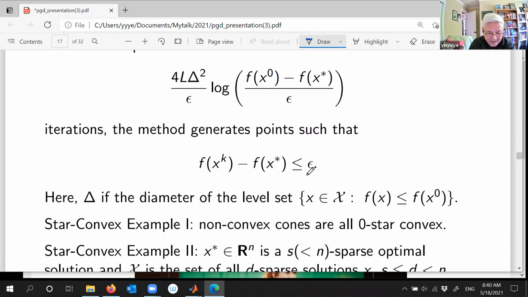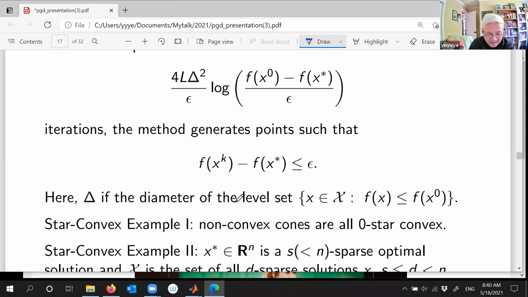This is a little bit of a surprise to us, because all the previous results, even for the convex case, have epsilon squared, which I talked about. In this particular case, what's the delta? It's basically the diameter of the level set. You start at a point x_0, because you generate points always within this level set.